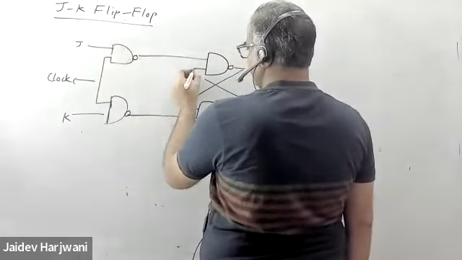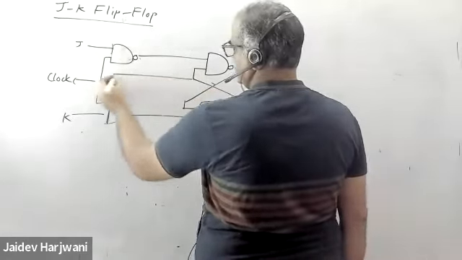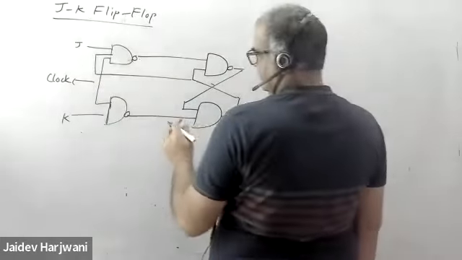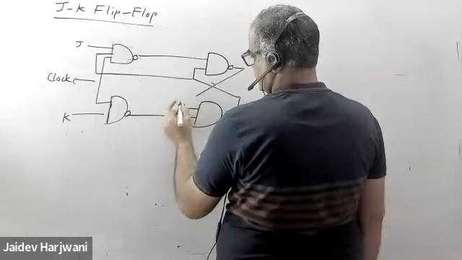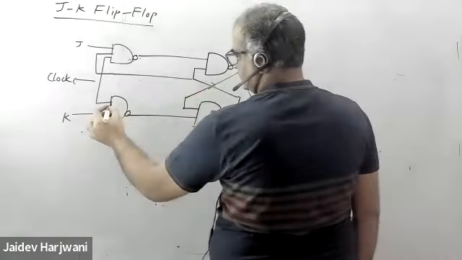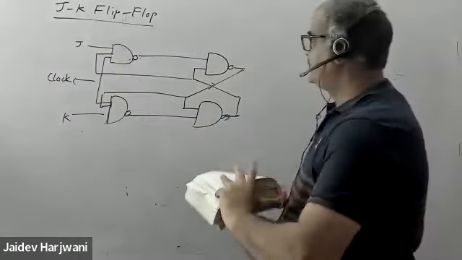So if I take it like this, I can send it here as an input. Similarly, this also I can send here as input. Just give me 1 minute, so I check whether it's correct or not.